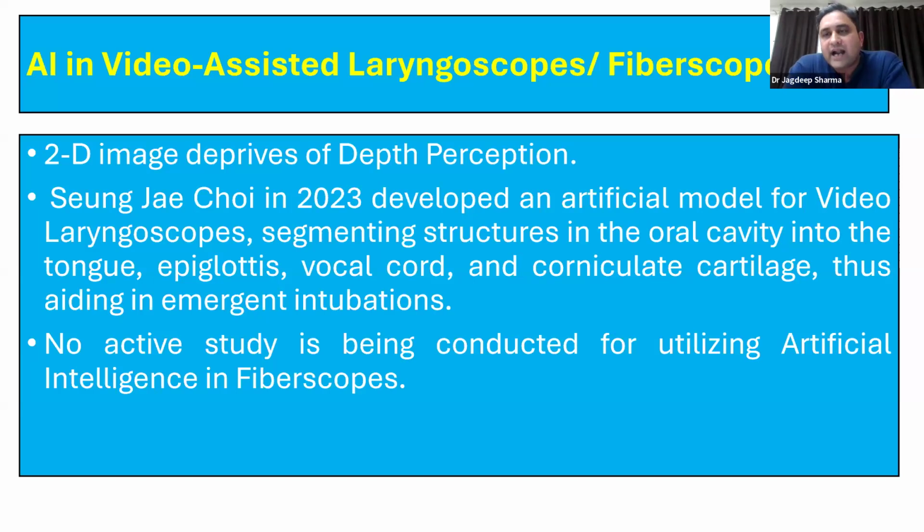He has developed an artificial model for video laryngoscopes, in which he has tried to segment the structures in the oral cavity identified by the video laryngoscope. Once it identifies, it focuses on the specific features segmented accordingly in the form of tongue, epiglottis, vocal cords, and further the corniculate cartilage, thus helping in emergent intubations.